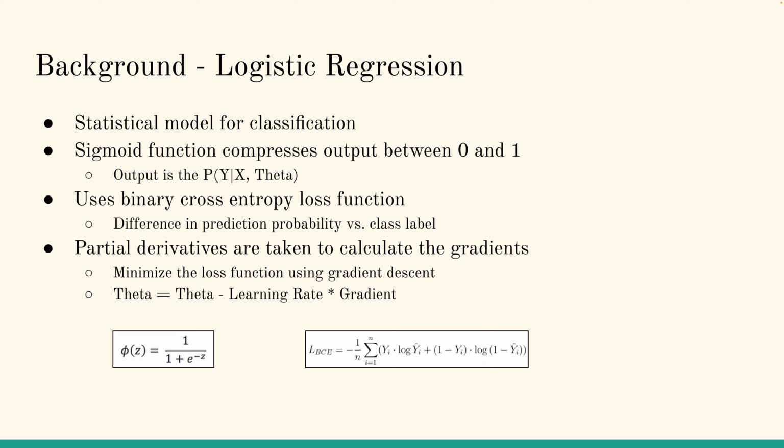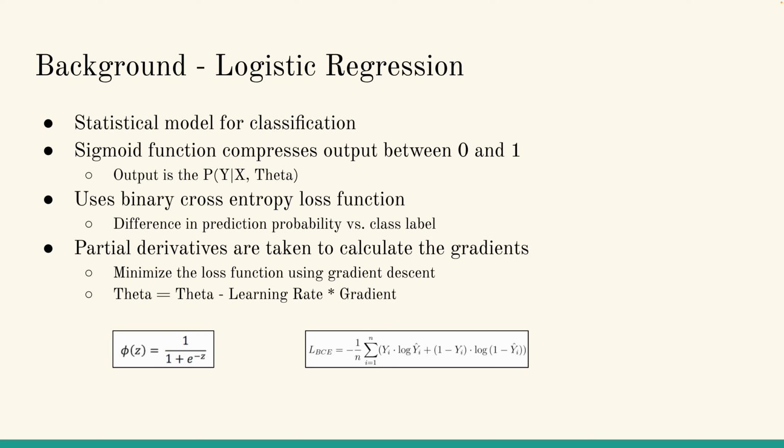So I'll begin by providing a brief background on logistic regression. So logistic regression is a statistical model for classification. The heart of the logistic regression model is the sigmoid function. That can be seen in the equation on the bottom left, and it takes in a weighted sum, in this case represented as z, and passes it through that function defined there.